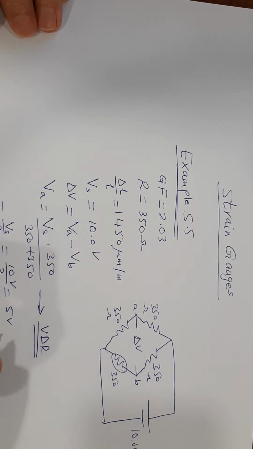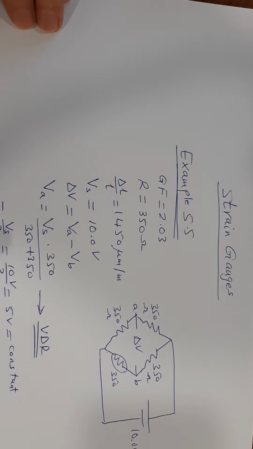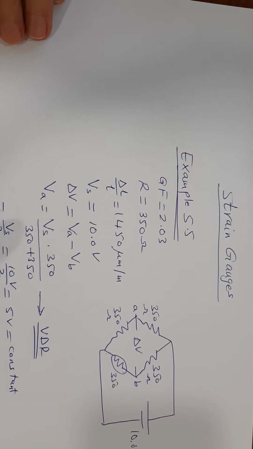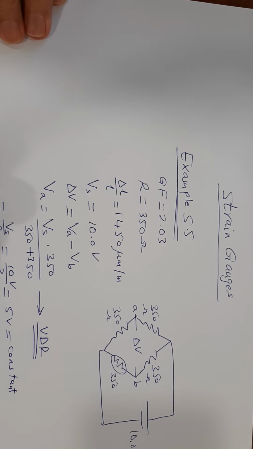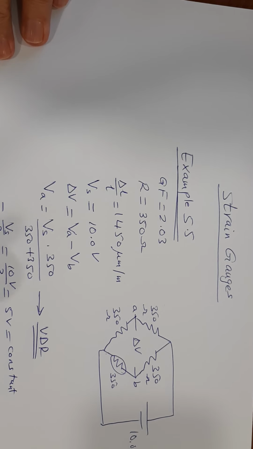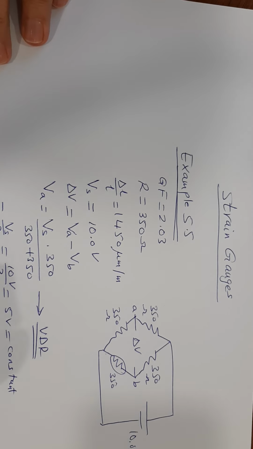And it is constant, not changing. If we increase the strain, this will not be changed. But VB initially, the same, Vs times 350 without strain divided by 350 plus 350, and this is equal to 5 volts also. This is initially.